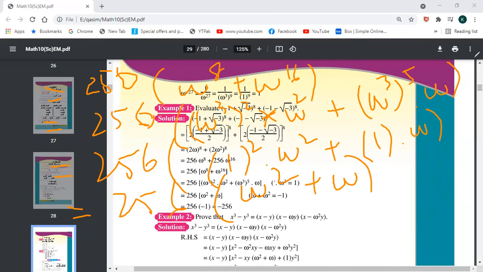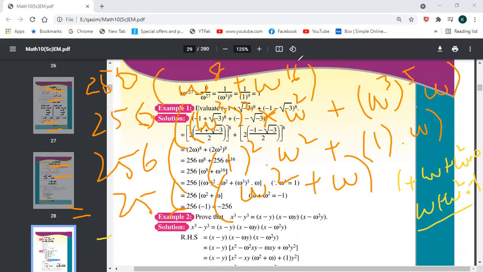So what is the value of omega square plus omega? As we know, 1 plus omega plus omega square, the sum equals 0. So omega plus omega square equals minus 1.